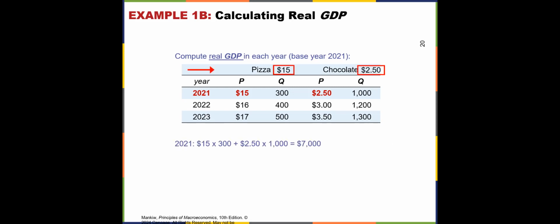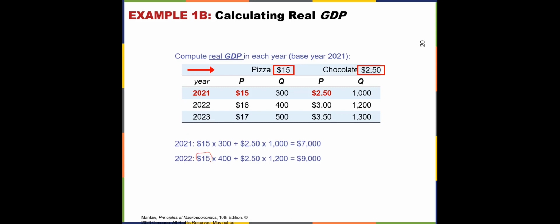So let's calculate the real GDP for 2021. We are going to use base year prices, which are 2021 prices. So it's $15 times 300 plus 2.5 times 1,000, 7,000. In 2022, things will change. This is not going to be the same as nominal GDP. As you see, prices now are constant, $15.